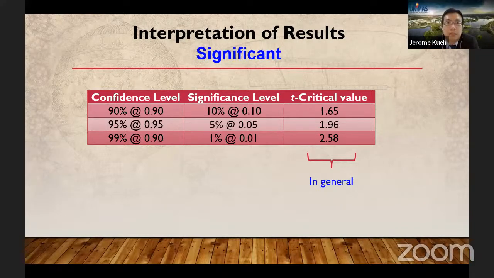So in general, if you have a large sample size, the general critical values that we may obtain are about 1.65 for 90% confidence level, about 1.96 for 95% confidence level, and 2.58 for 99% confidence level. Those are very general guidelines that we normally refer to.